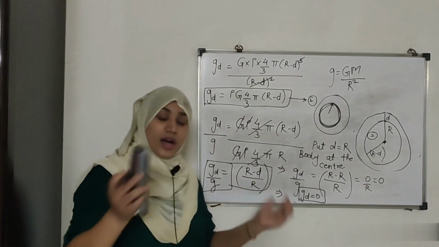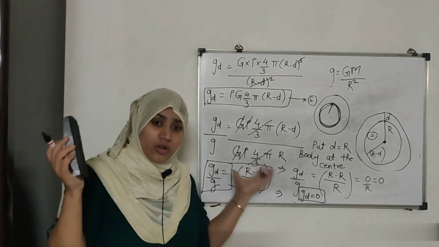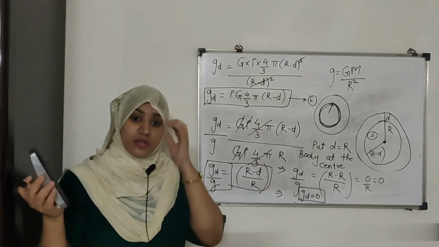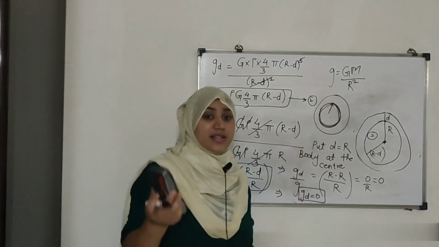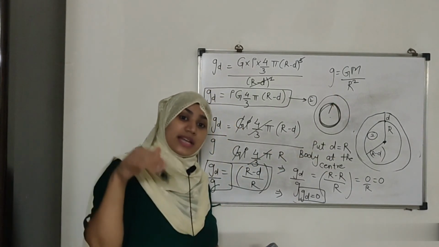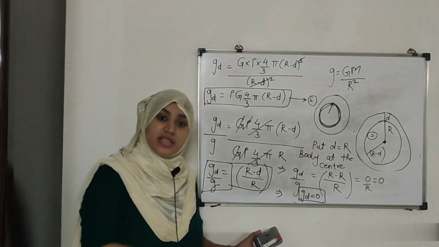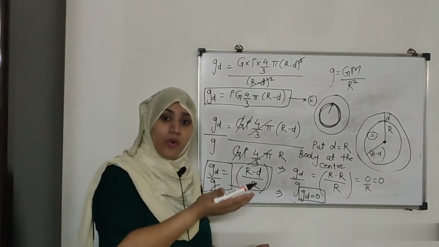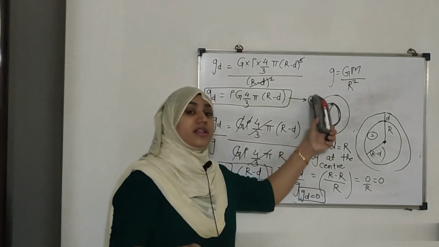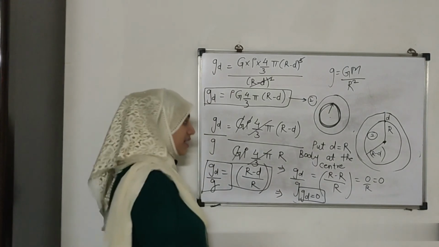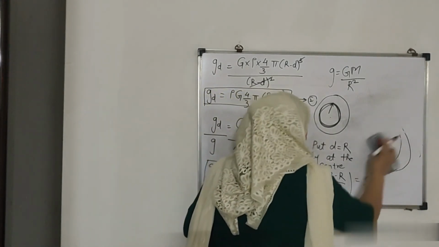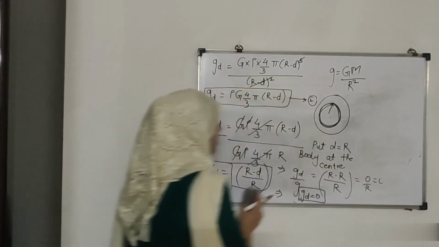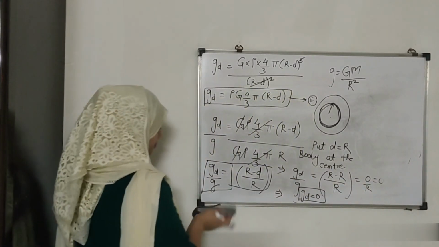When you are on the surface of the earth, the earth has such a great mass, and with that force it attracts the body. But when you are going inside, the mass of the earth acting on the body is decreasing. That's why the acceleration due to gravity decreases, due to the mass which is trying to attract that body. Okay? Now next we'll see.